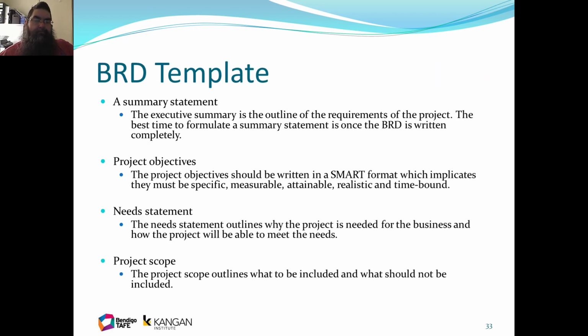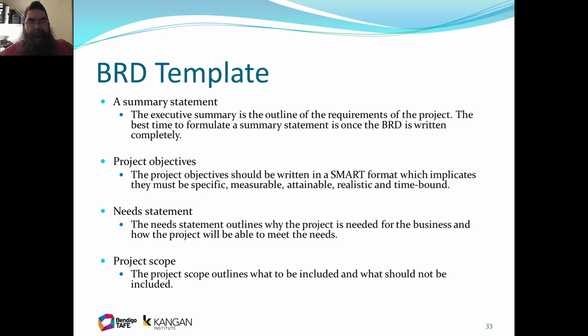So, a basic outline of a business requirements document, or template if you like. It should have an executive summary statement at the top, which is a very quick summary of the requirements of the project, and you basically write this last after you've written the rest of the document.